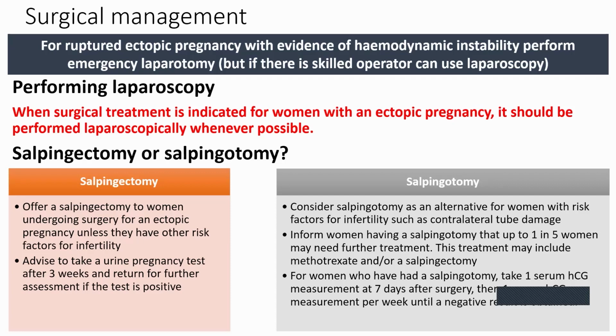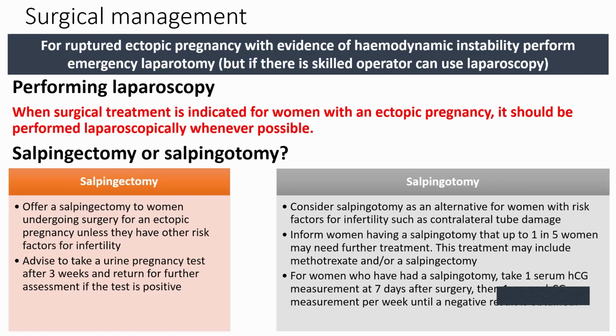And the patient does not need beta HCG assessment after the salpingectomy. She can do a urine HCG 3 weeks from the surgical management. If it is negative, there is no follow-up. Salpingotomy means that we open up the tube and remove the products of conception. We offer it if the patient has a past history of subfertility, or if the other side tube is damaged, or maybe she had a previous surgery on that tube.